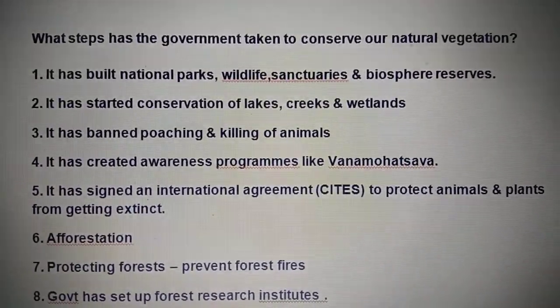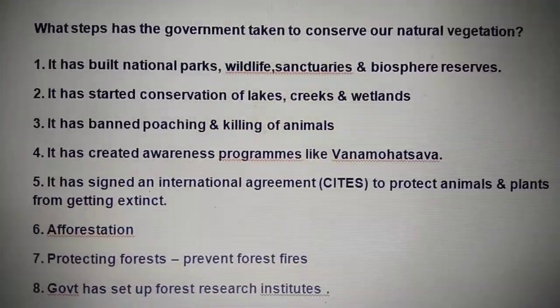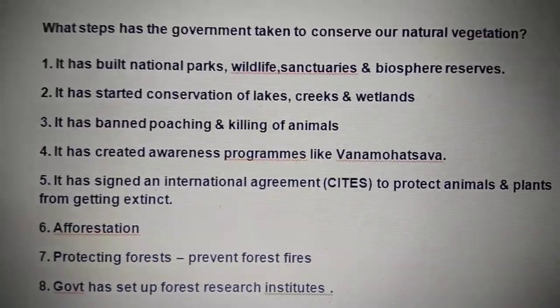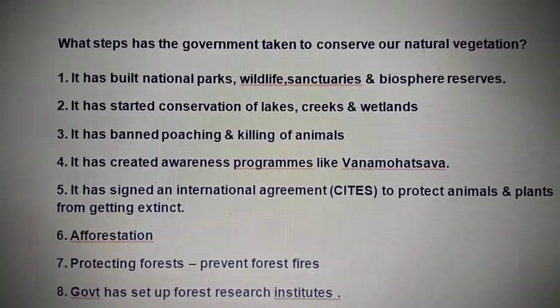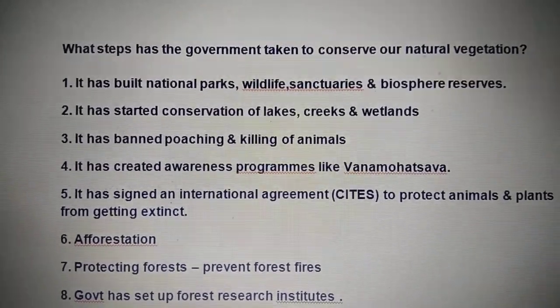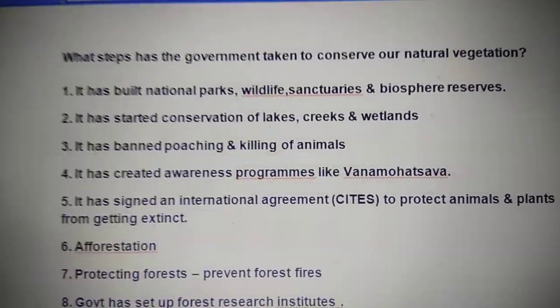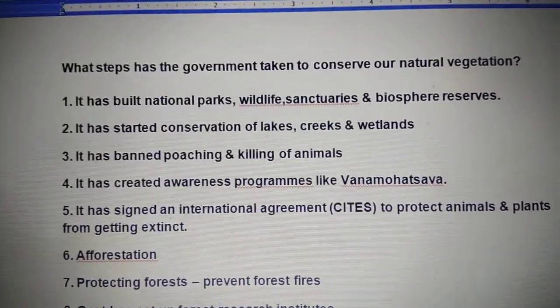The Indian government has also signed an international agreement which is called CITES. Now, the full form is the Convention on International Trade in Endangered Species of Wild Fauna and Flora.